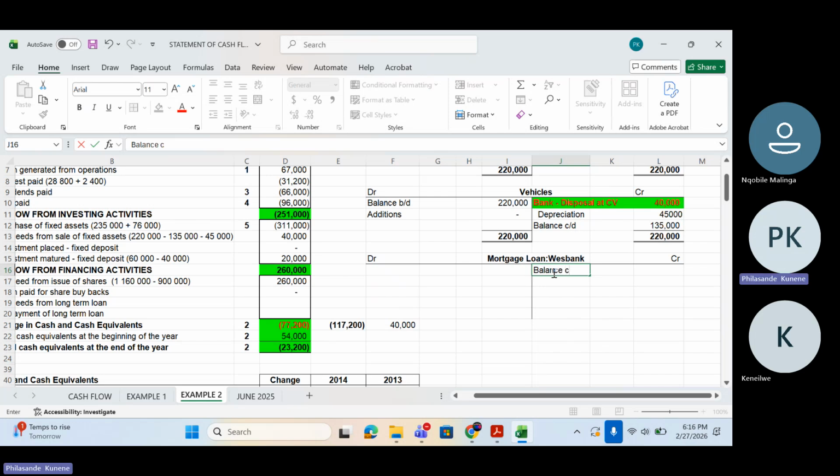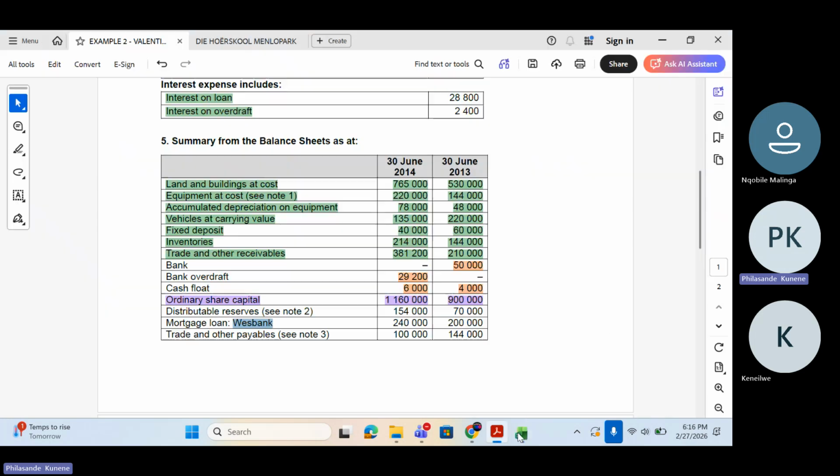My balance brought down, of how much? If I look at the trend for my loan, what happened there? If you look at the information here, what happened with the loan? Did it increase or decrease? Increase. Yes, definitely. It increased from 200 to 240,000.